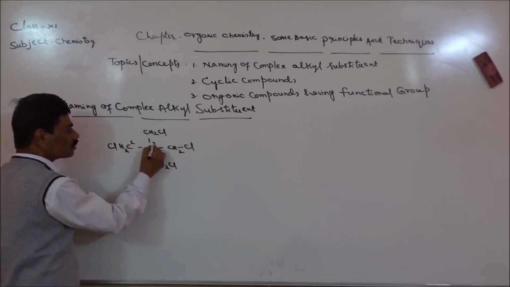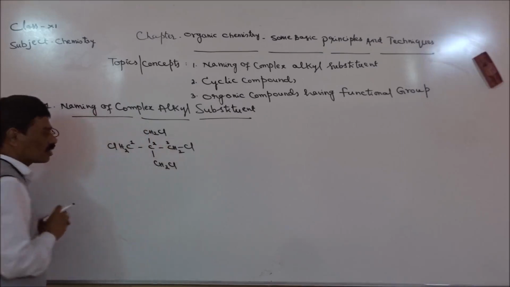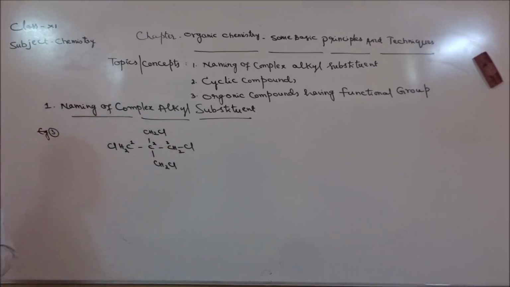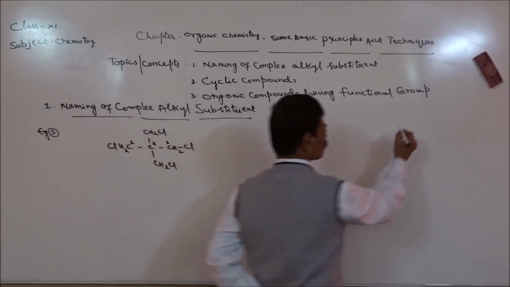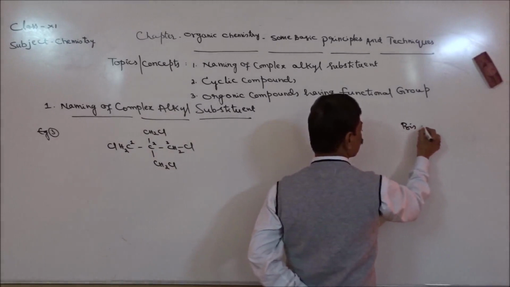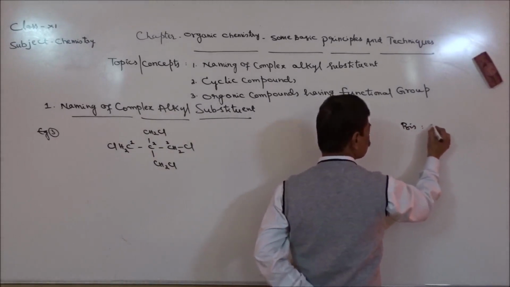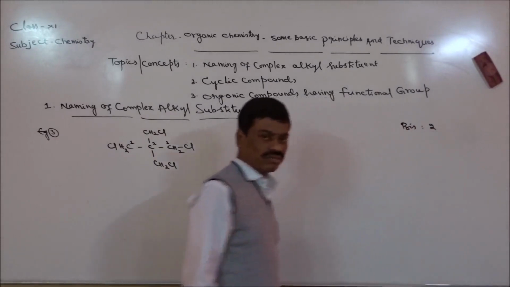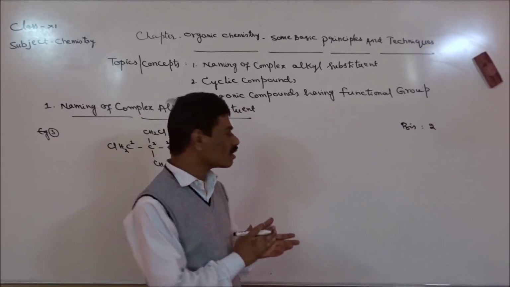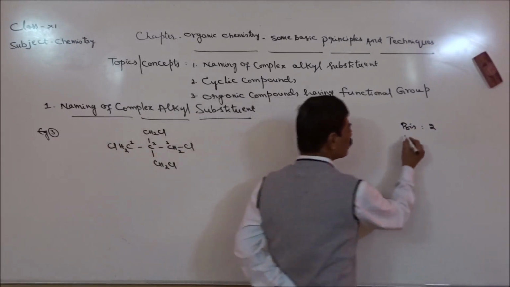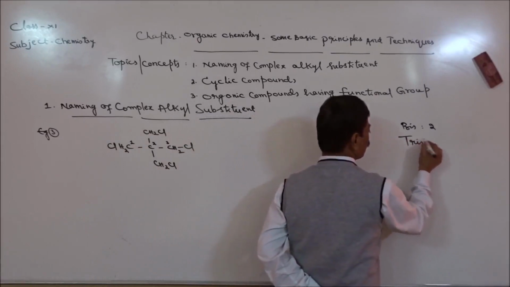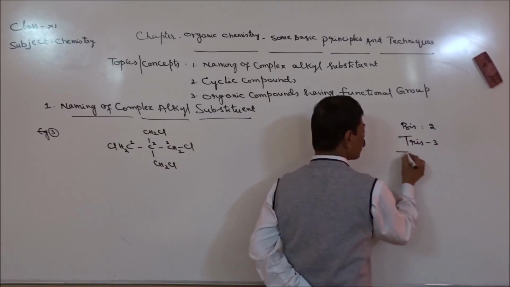1, 2, 3. When multiplicity of substituents is there, we use bis for 2. If a substituent is repeated 2 times, we write bis. Tris means 3.